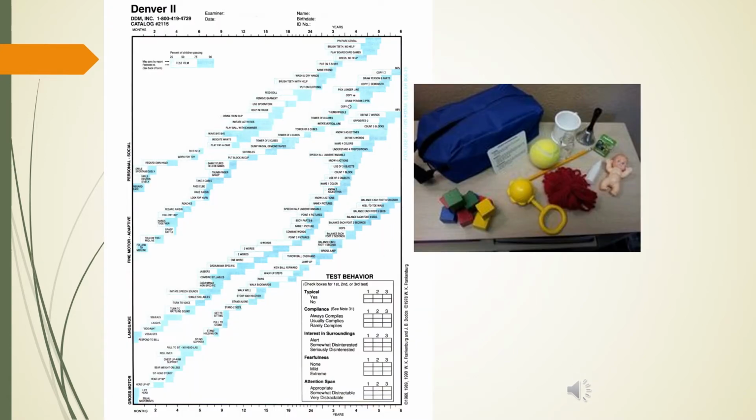So this gives you a very small picture, sorry, of what the Denver looks like. It's not my favorite test because it really only gives you about 2 delayed items before they say that the child is delayed, and that can be in multiple areas. If a child refuses to do 1 or 2 items, automatically it says they're either delayed or you should redo the test because you couldn't score it well since they didn't participate enough.